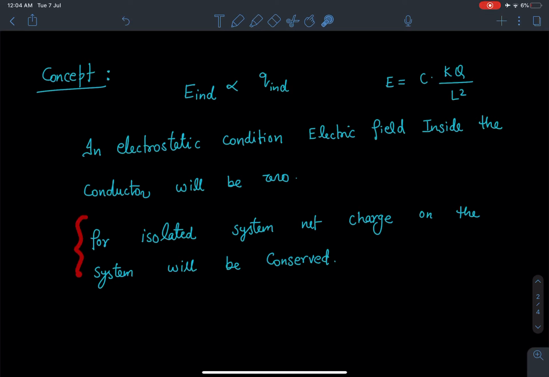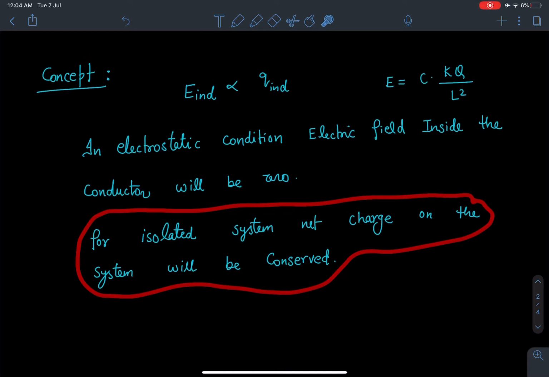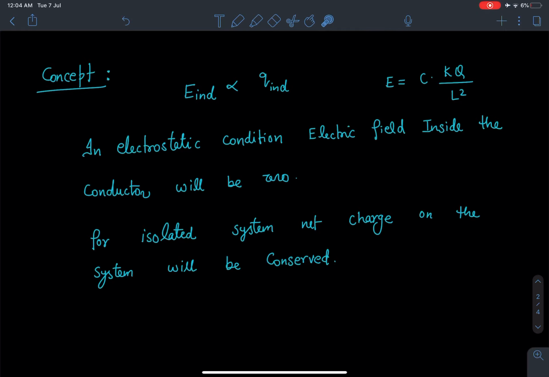Another point which we should remember is, for an isolated system, net charge on the system will be conserved. If this system is not connected to any other system, or we can say if it is isolated, the net charge on this will be constant. If it is initially zero, finally also it is going to be zero only.